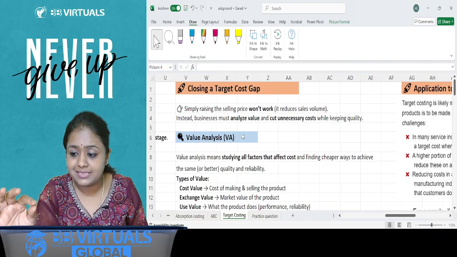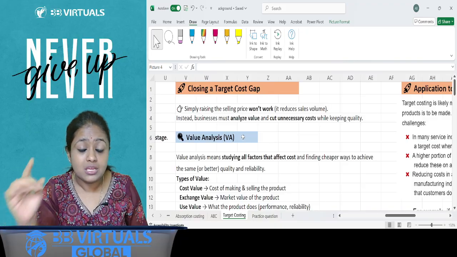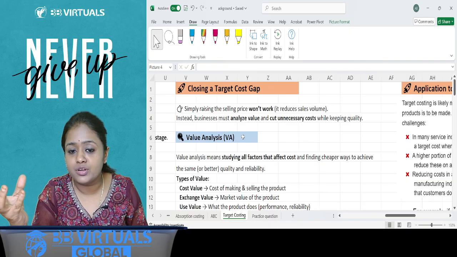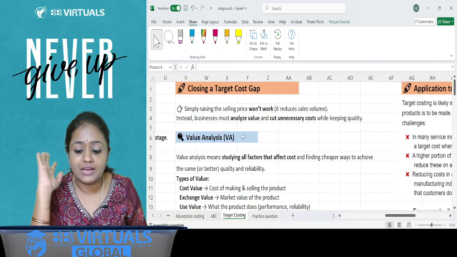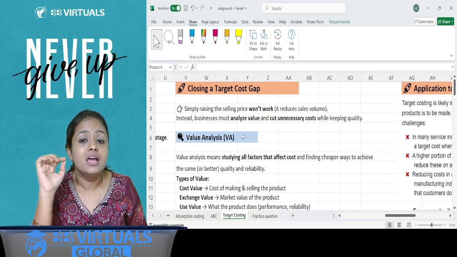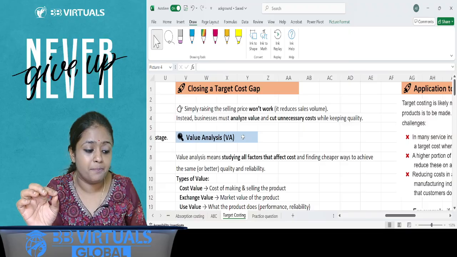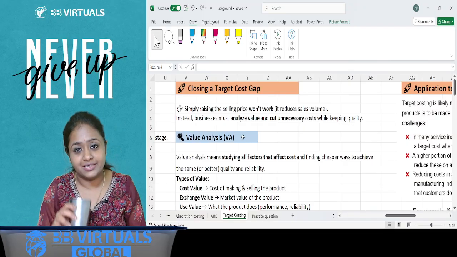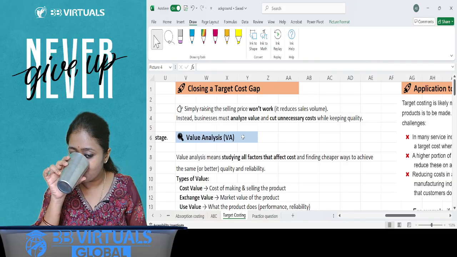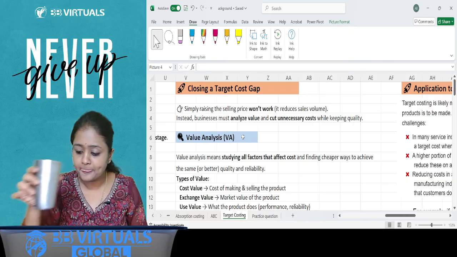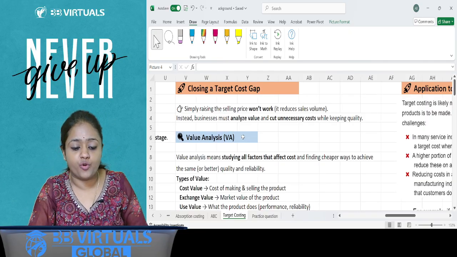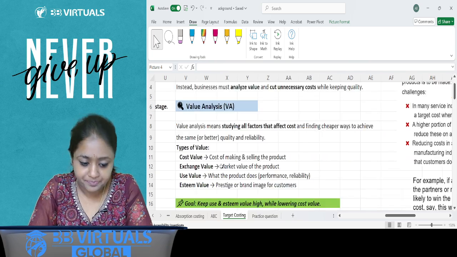You study all costs, keeping in mind the value they serve, and try to reduce the cost by looking at those pointers. Again, the same point: cost reduction should never be at the cost of quality and reliability.